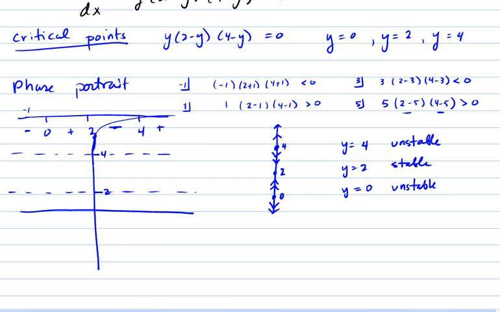If I were between 2 and 4, I'd decrease to 2, so I could draw something like that, a decreasing function. Maybe I could expand it like that. Here's an increasing function in the whole area. And then between 0 and 2, I'd have an increasing function.